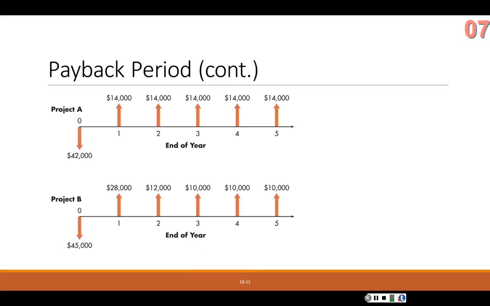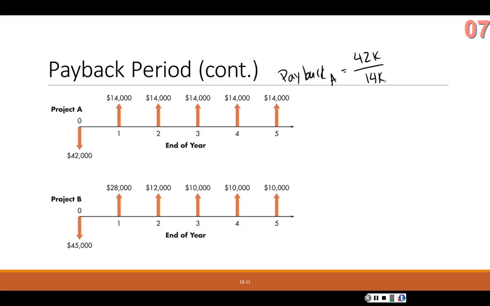So we can calculate the payback period for each of these projects. For project A, calculating the payback period is very simple. Payback period for project A is simply equal to the project's cost as an absolute value divided by the proceeds each year.